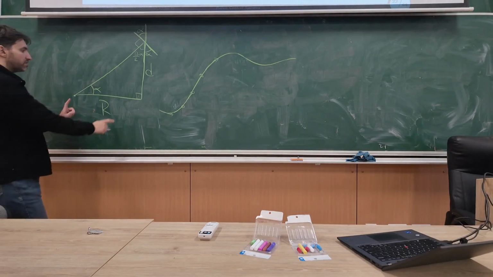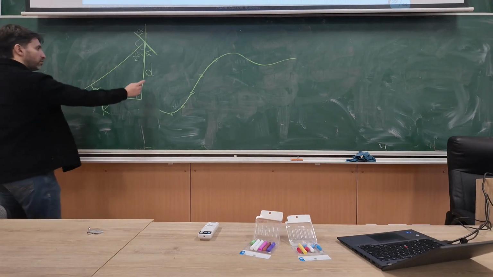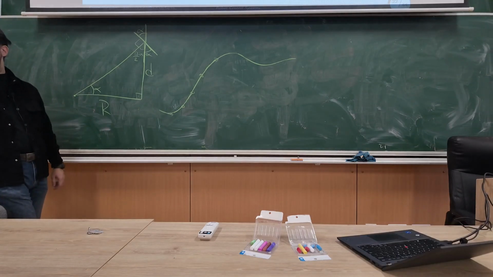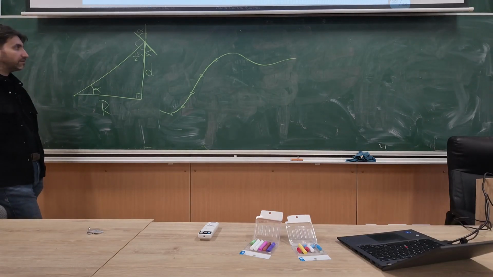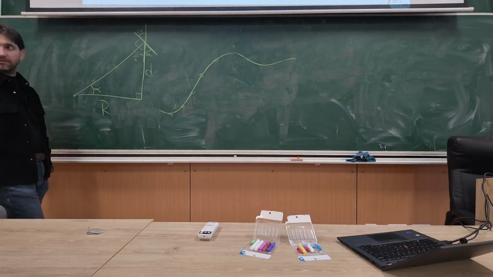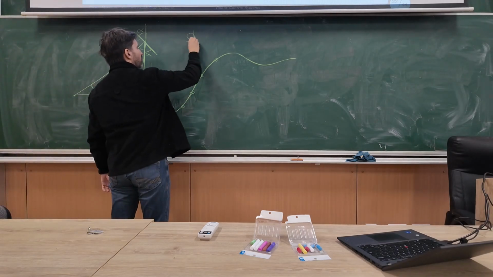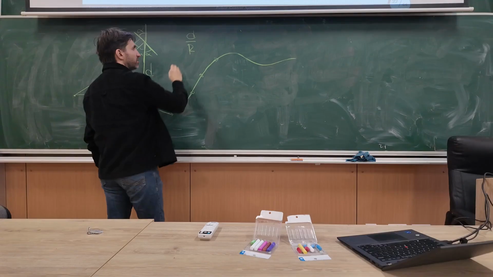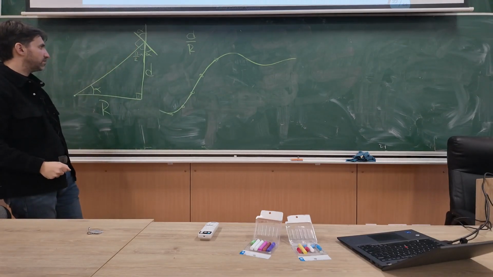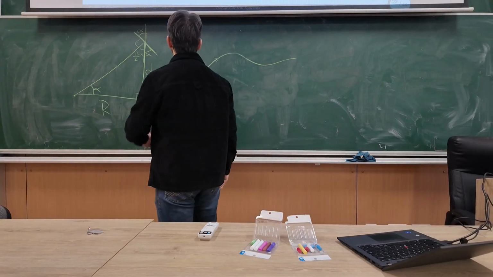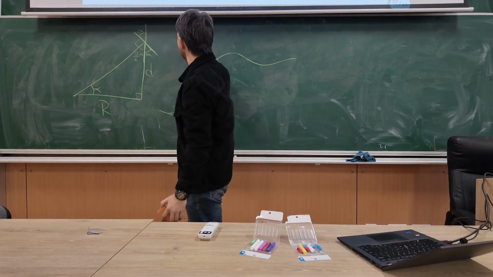All right, so how much is R, if I know alpha and I know D? We also know the other angle, so we can use the law of sines.